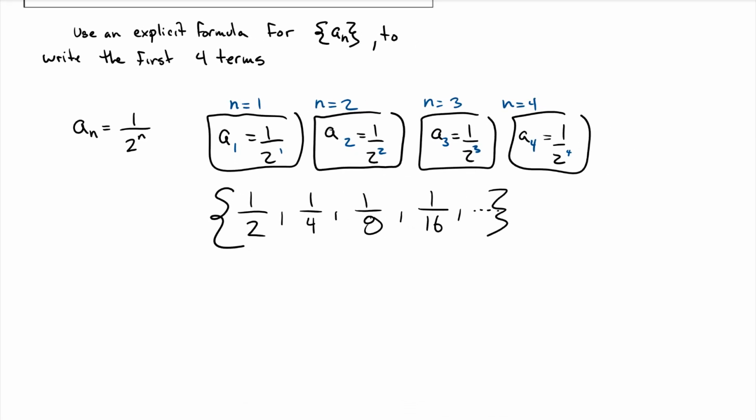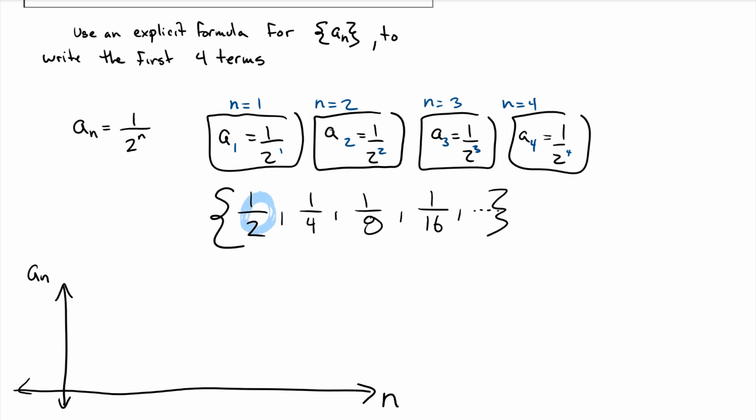Now, if I was to plot this on a graph, let's make this the n axis, and up here is your a sub n axis. Just think of n as x. These are all our a sub n's right here. So we could think of these as our y values, and then we'll think of our x values.